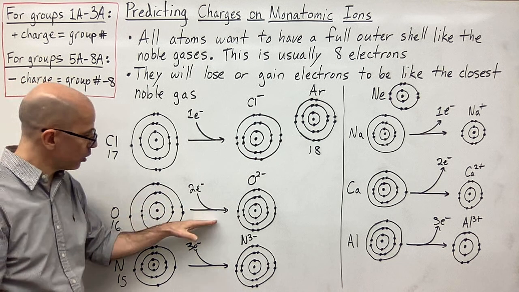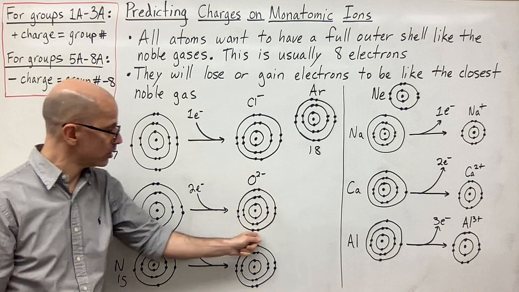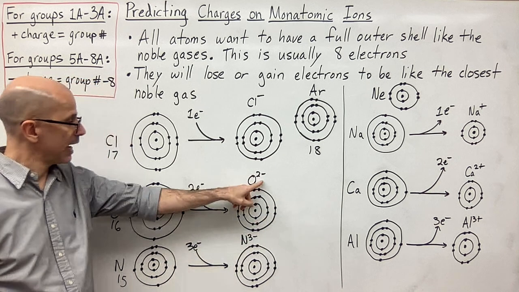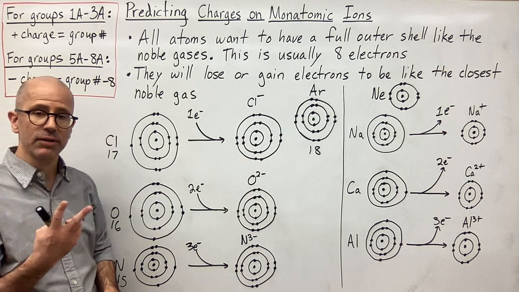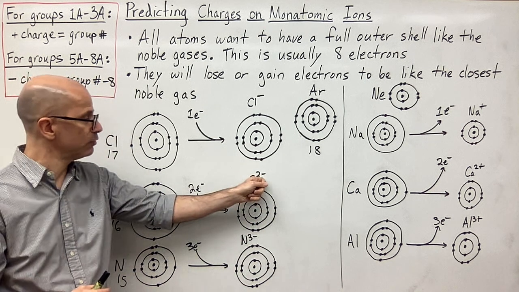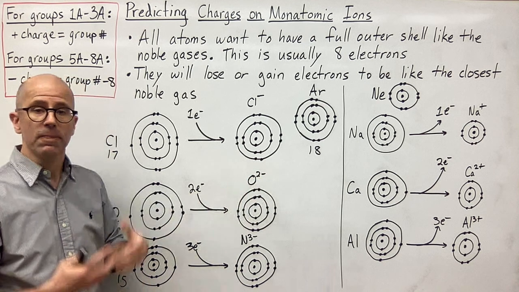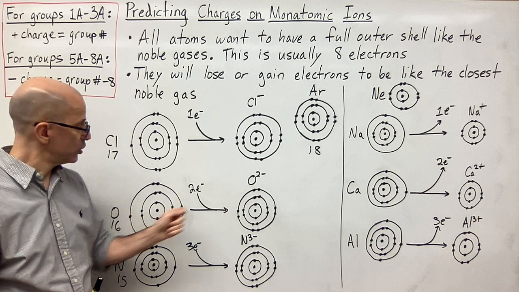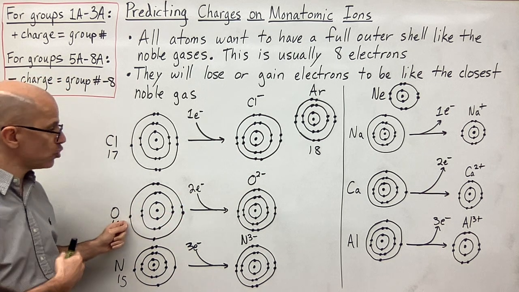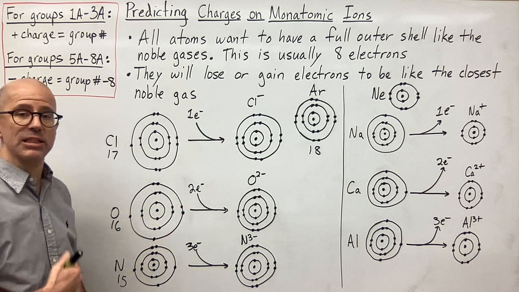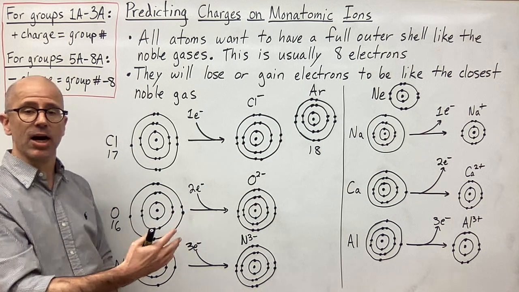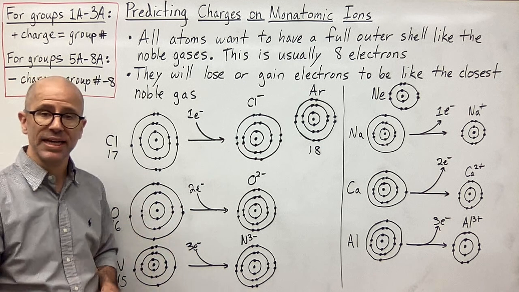So it picks up those electrons, and now it looks like argon. And because it picked up 2 negative electrons, it's going to have a -2 charge. So that's how you can predict the charge on oxygen. It's 2 away from argon. It needs to pick up 2 more electrons to be like argon. So therefore, it's going to be a -2 charge.